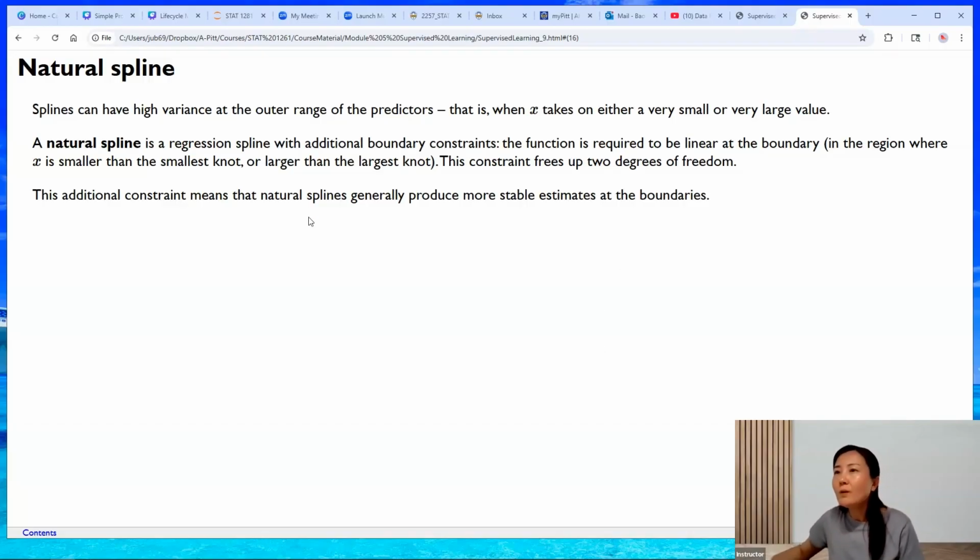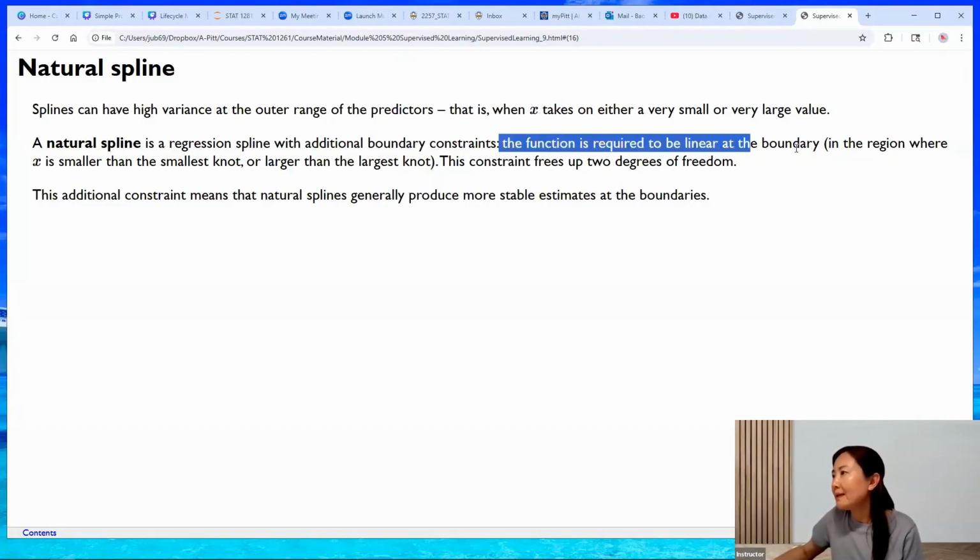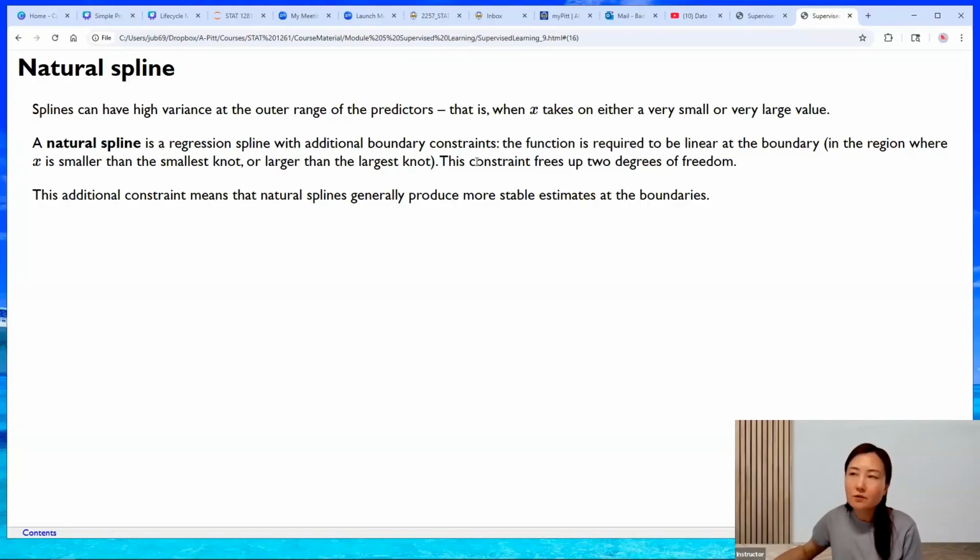So one way to resolve that problem is to put more constraints on the boundary areas. The function is required to be linear at the boundary. If we put this constraint on the previous regression spline, then we free up 2 more degrees of freedom.